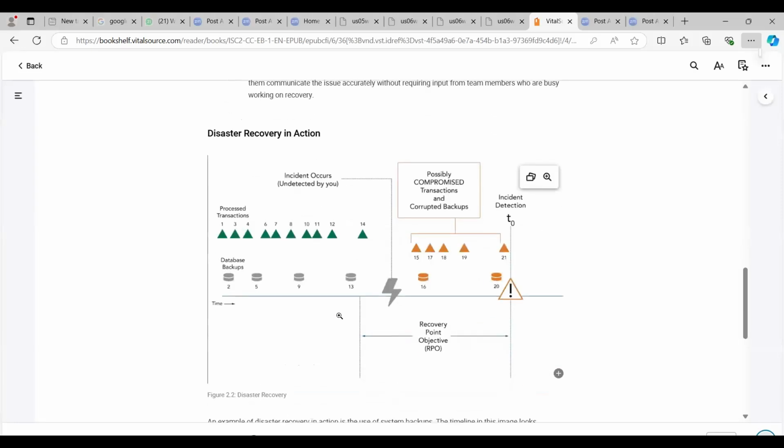So this is like the diagram to disaster recovery in action. So incident occurs, so it is undetected. So possibly compromised transaction and corrupted backups. Then incident detection. This is then we have recovery point objectives.